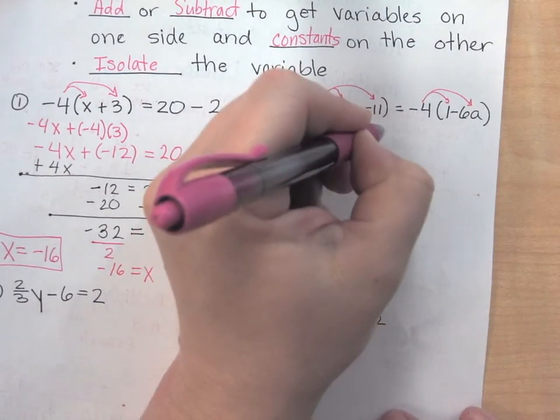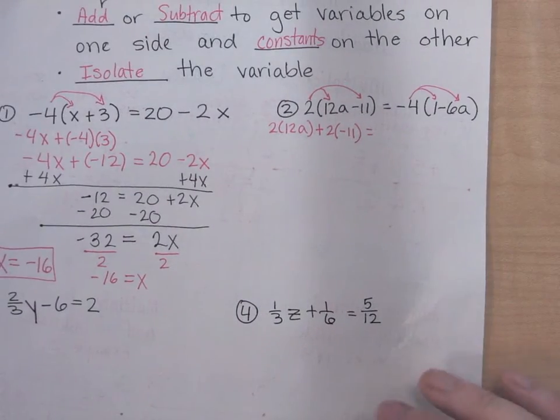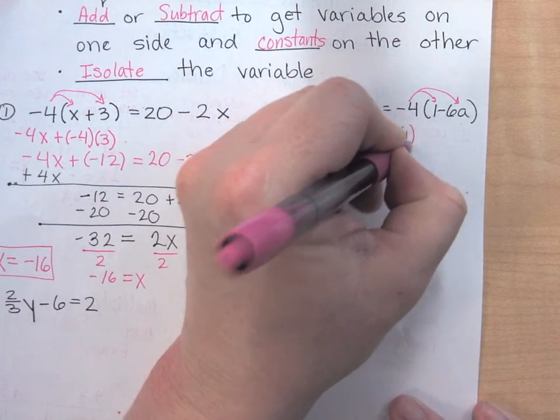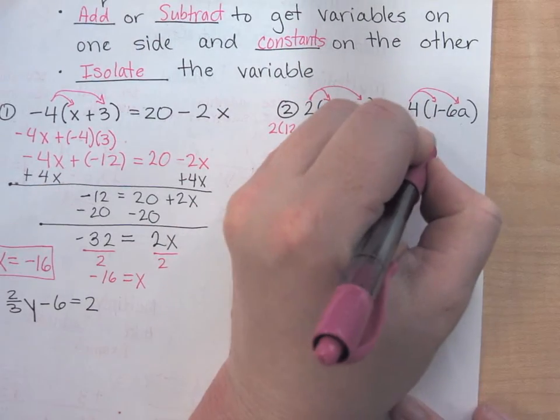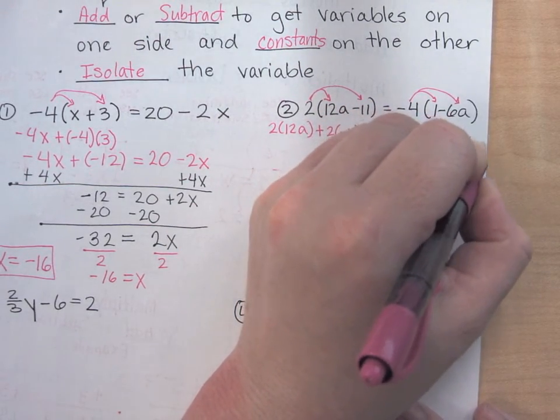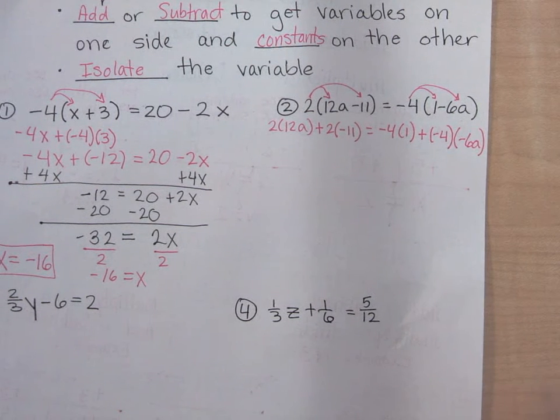It sticks with the term on its right. And then I have a negative 4 times 1 plus negative 4 times negative 6a. So those are both negative. And I use parentheses to make sure I don't mix up my negatives and my subtraction signs anymore.